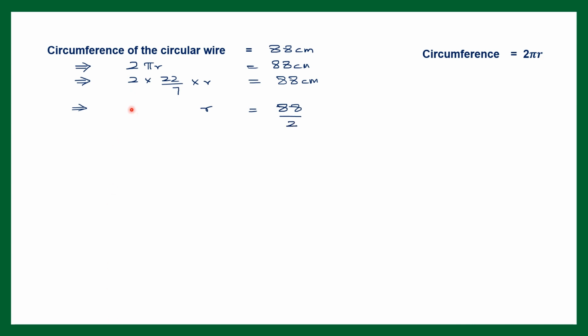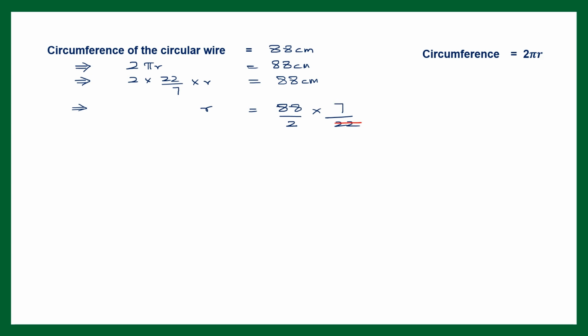So we finished with 2. Now we're going to move 22 by 7 to the other side. Here it's multiplication. So again, when it goes to the other side, it becomes division. So for a fraction, how do you show division? You write the reciprocal. So here, instead of 22 by 7, we put a multiplication sign and write the reciprocal 7 by 22.